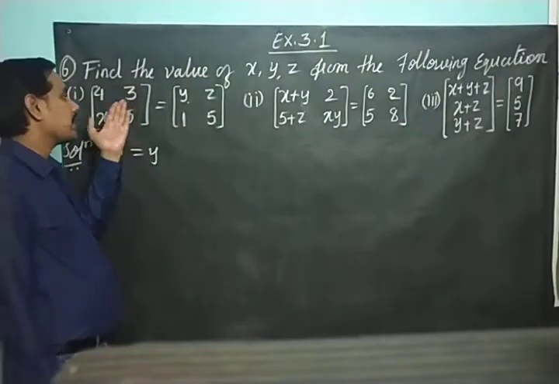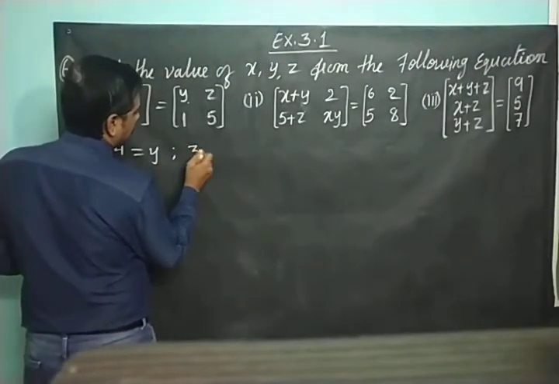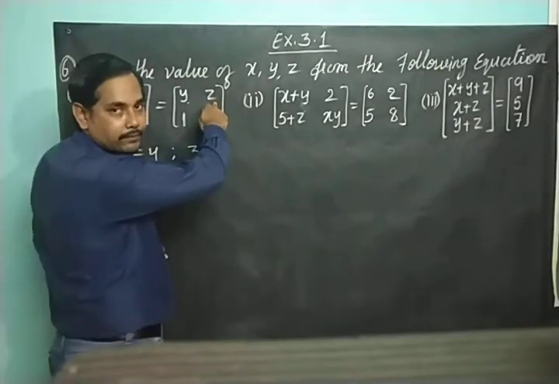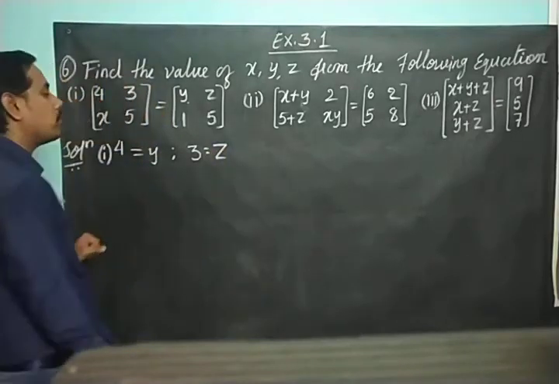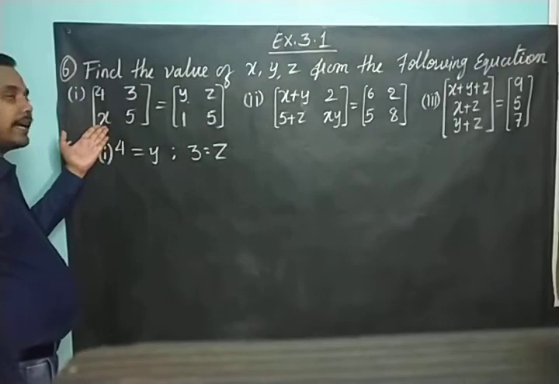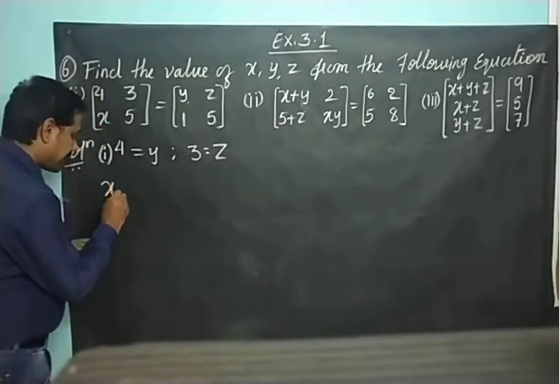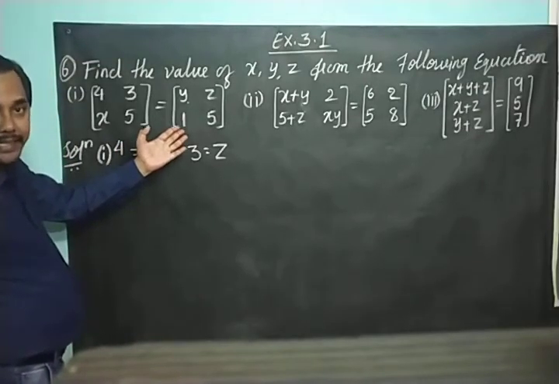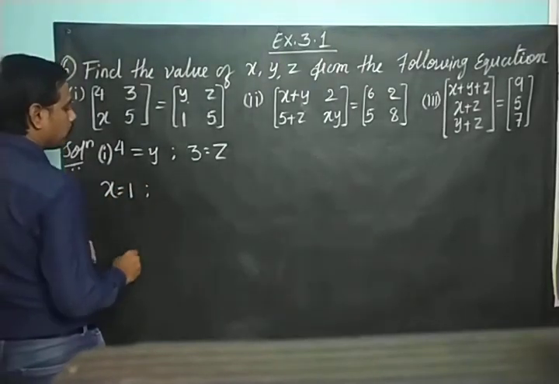Next, A12 here is 3. What is A12 on the right hand side of this equation? It is z. So I can write 3 is equal to z. Next, A21 on the left hand side is x. What is A21 on the right hand side? It is 1. So x is equal to 1.